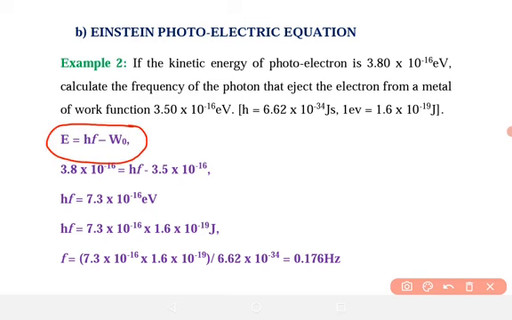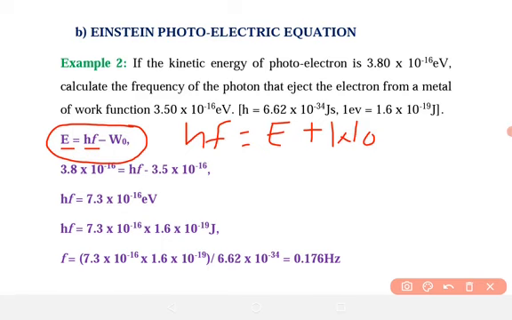Or you can as well write it as hf equals E plus work function. What are the values of these parameters? E represents the kinetic energy of the electrons that are emitted from the surface of the metal when light shines on the surface of the metal, while hf represents the energy of the incident photons, that is, the energy of the light that is shining on the metal.